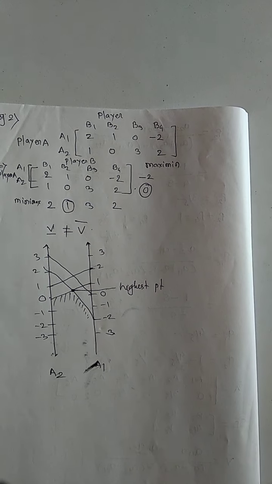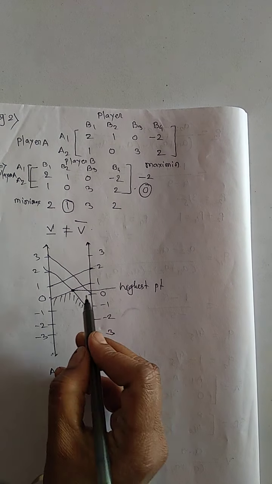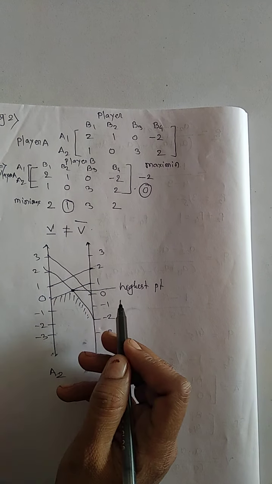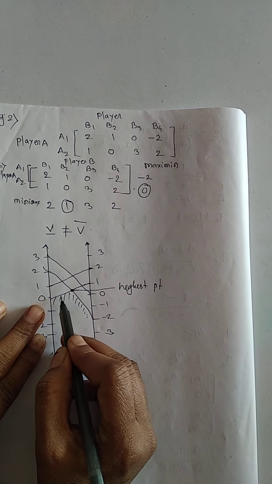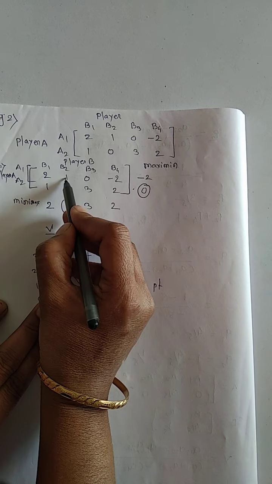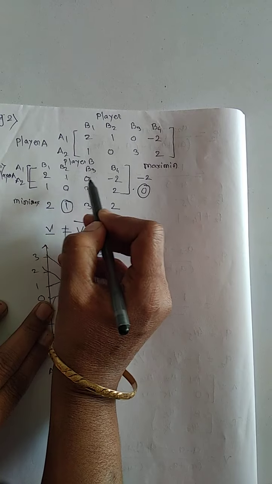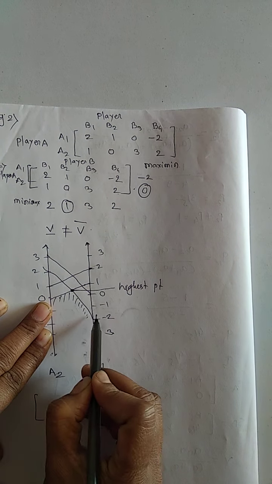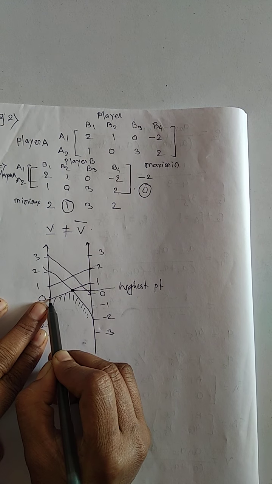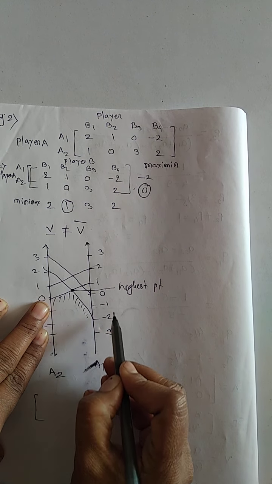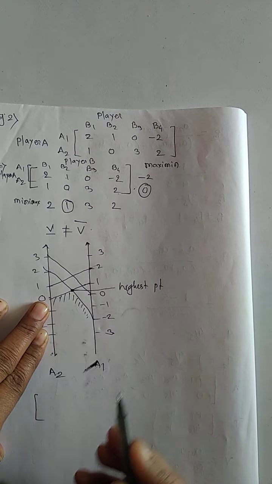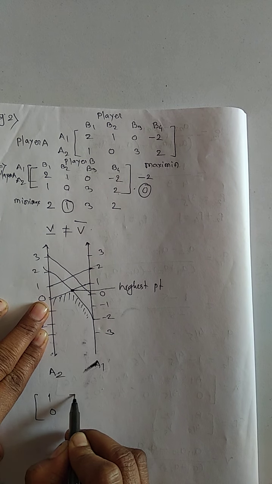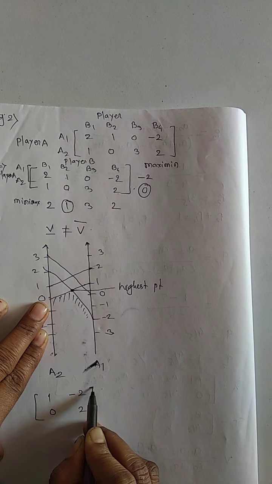This point becomes 1, 0 and -2, 2. In the given payoff matrix, the matrix contains 1, 0, -2, 2.